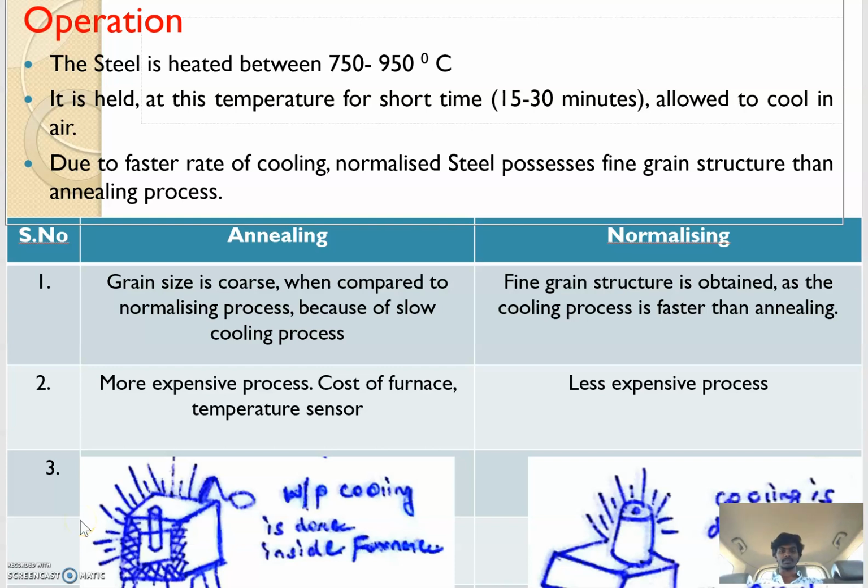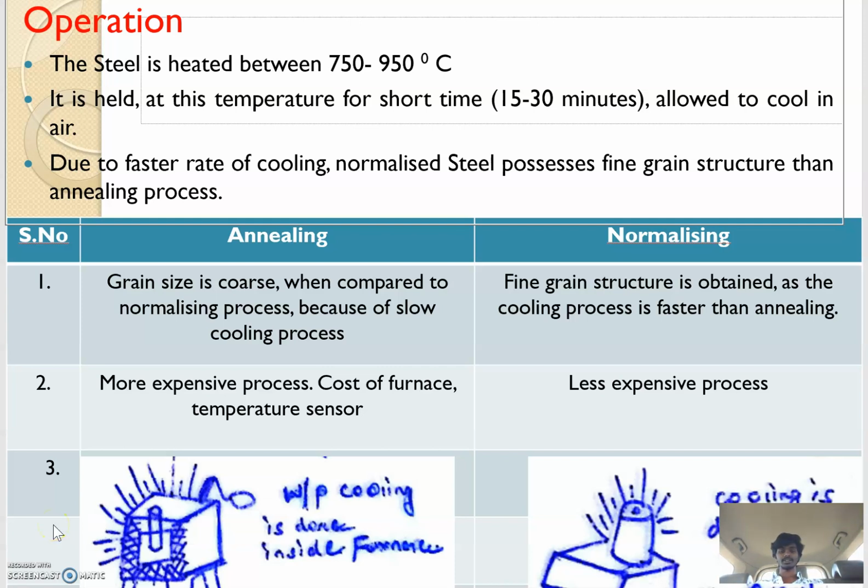Now the operation. The steel is heated between 750 to 950 degrees centigrade. It is held at this temperature for a short time, 15 to 30 minutes. It is allowed to cool in air. Due to the faster rate of cooling, normalized steel possesses a finer grain structure than the annealing process.